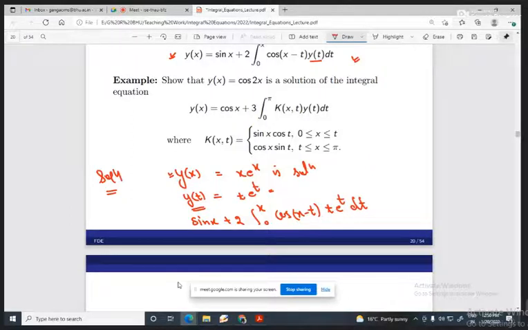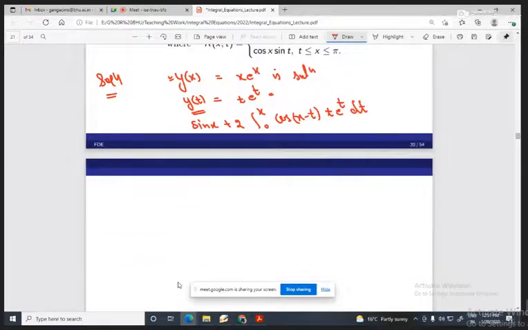When we solve this integral, we have sin x plus 2 integral from 0 to x of t cos(x − t) e^t dt. Can I write this?